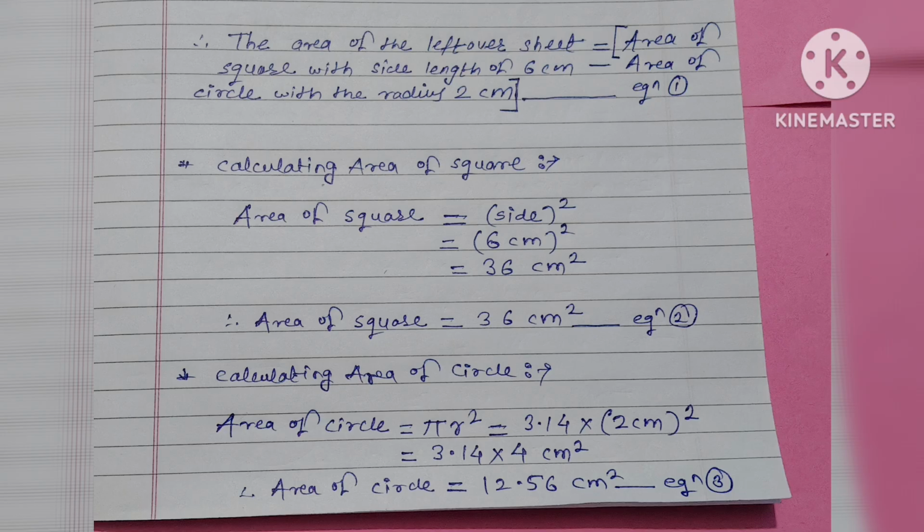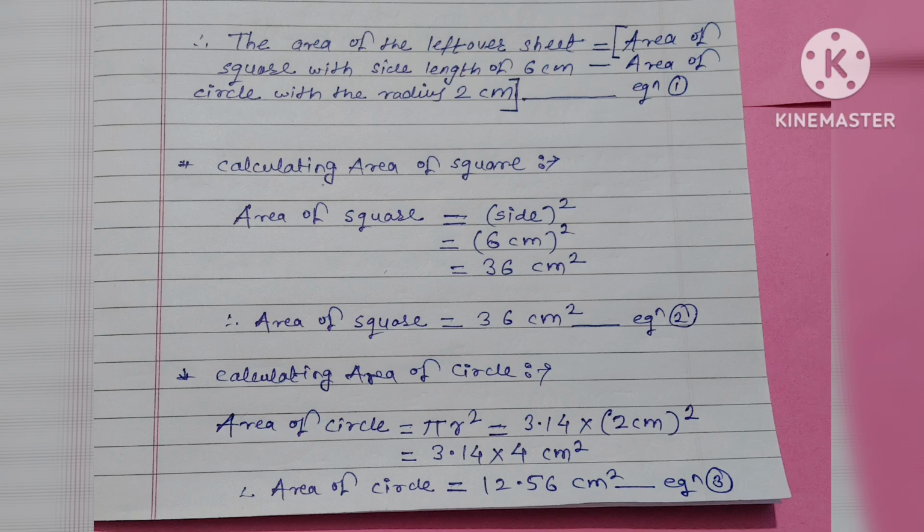So firstly calculating the area of the square, which is equal to side square, 6 centimeter whole square, then we'll get 36 centimeter square as the area of the square. We are making this equation 2.